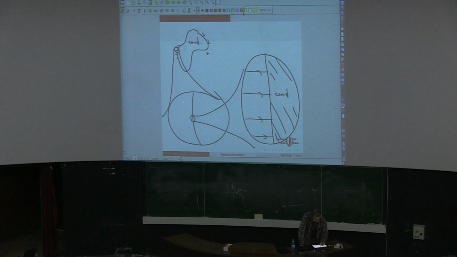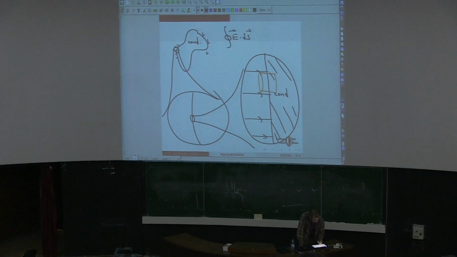Now let's take a Gauss surface. Just as in the previous case, we can imagine a Gauss surface in the shape of a cylinder. The integral of E dot dS on this cylinder, let's just assume that this area is A, is equal to minus E times A, just due to the very same reasons as in the previous example.